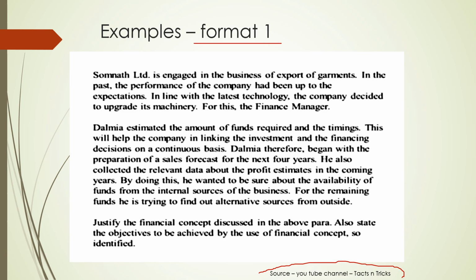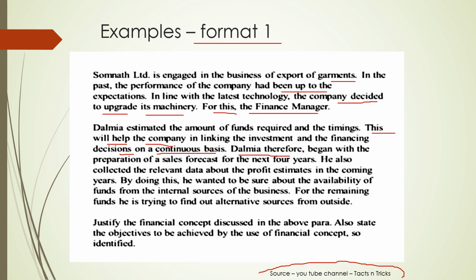Okay, Somnath Limited is engaged in the business of exports of garments. In the past, the performance of the company had been to the expectation. In line with the latest technology, the company decided to upgrade its machinery, and for this, the finance manager, Dalmia, estimated the amount of funds required and the timings. This will help the company in linking the investment and the financial decisions on a continuous basis.